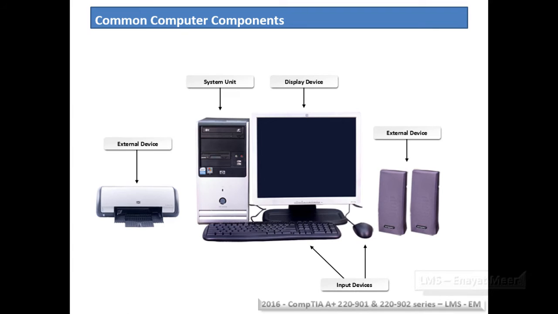This is a common computer components screen where you see, from left to right, an external device, which is a printer. That could be a USB printer or a wireless printer, so you can have either a local printer or a network printer.